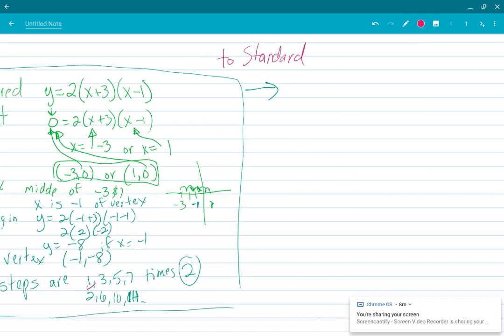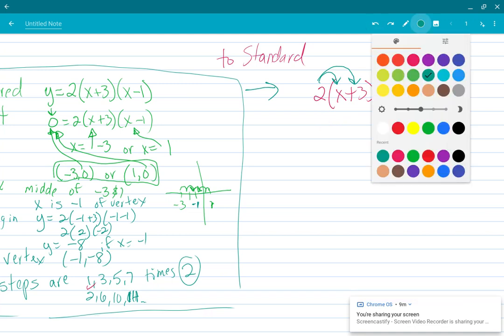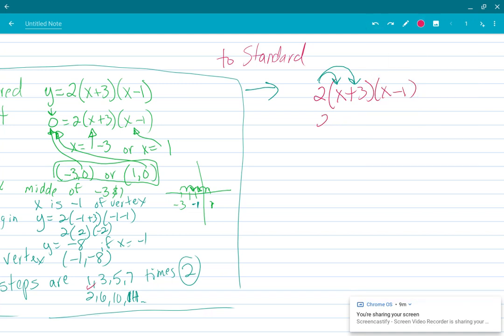So we have 2 times (x plus 3) times (x minus 1). There's two options you could do here. I like to distribute the 2 first. Only do it to the first one or to the second one, but not to both. Oops, I was supposed to stay in red. I basically want you to convert it to standard form.